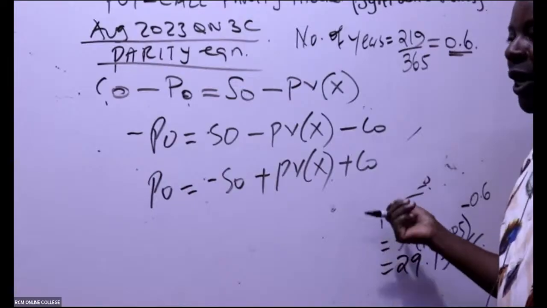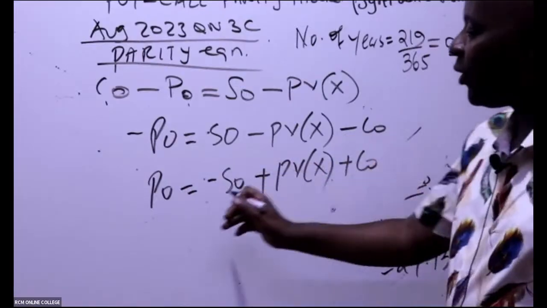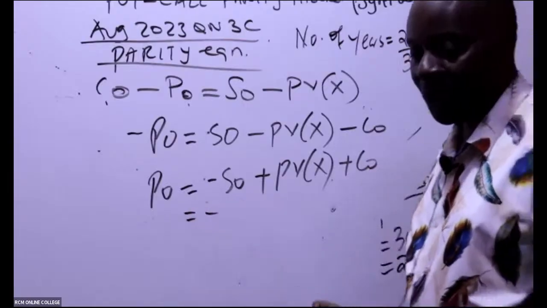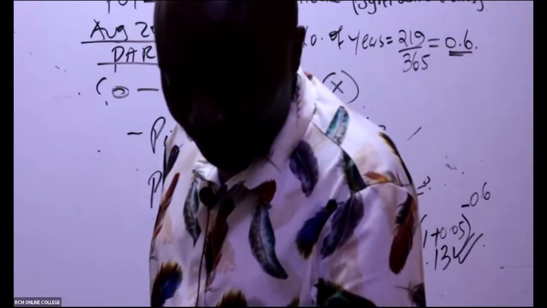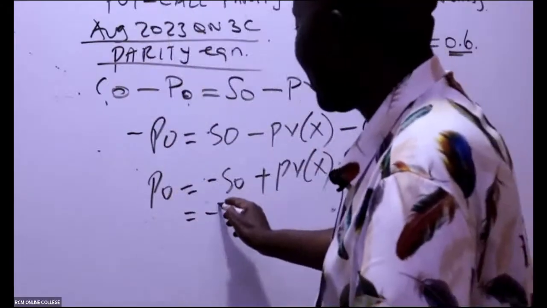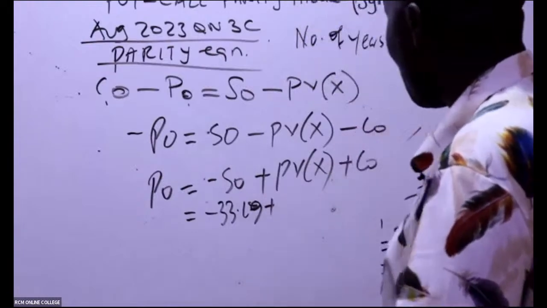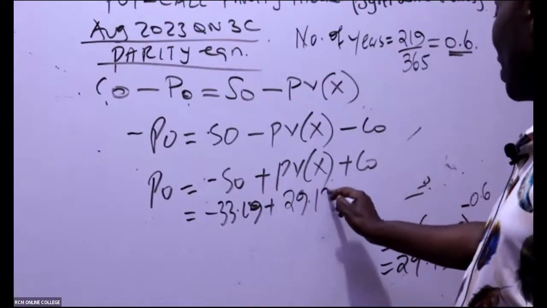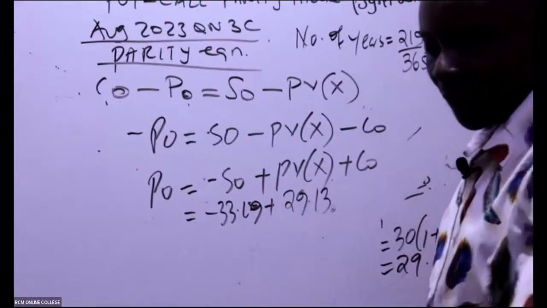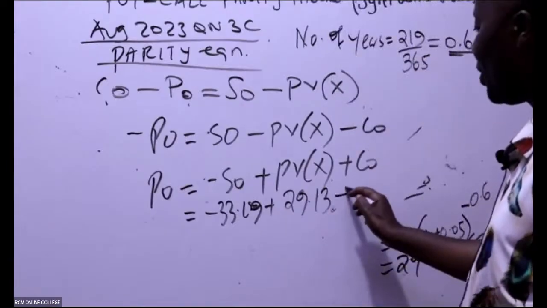Even if you leave them this way, you'll still get the same answer. Our SO is given here as 33.19, plus present value of our exercise price, which is 29.13, plus our CO, given here as 6.64.